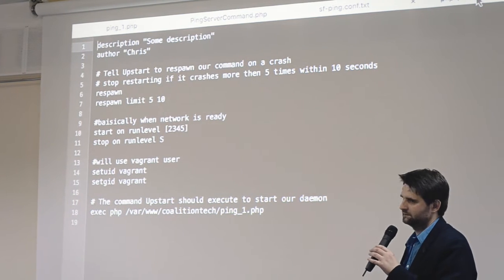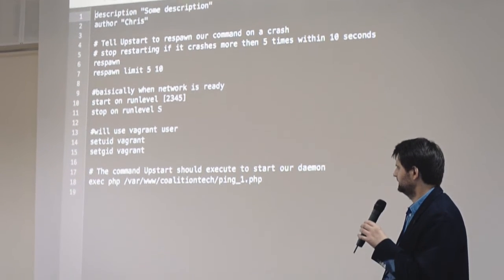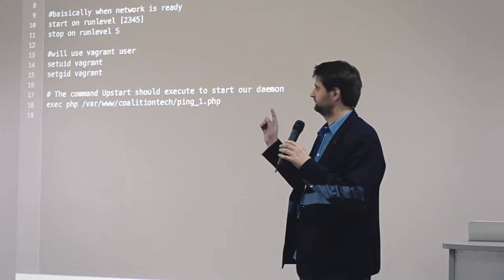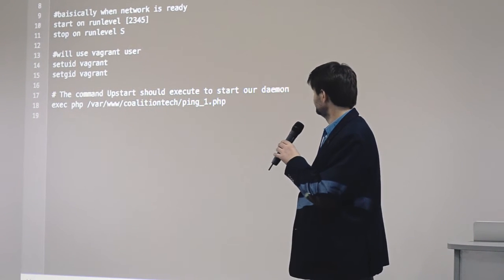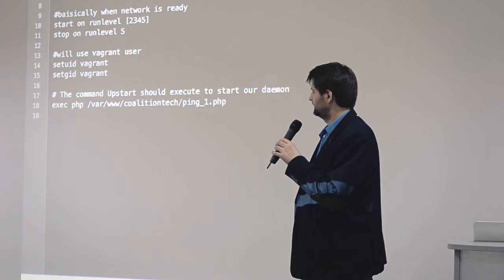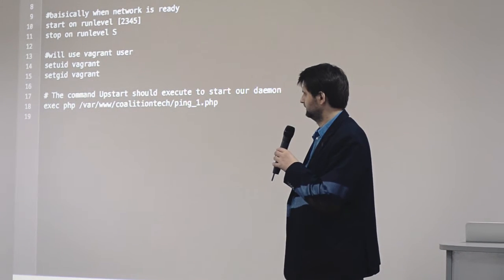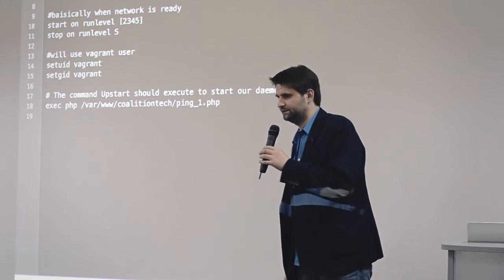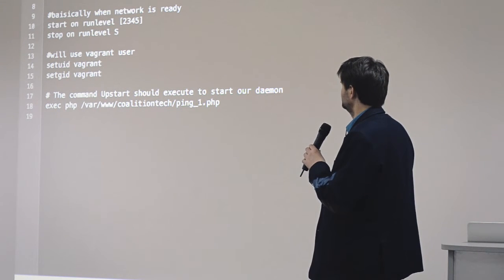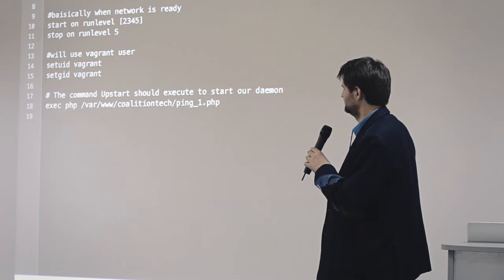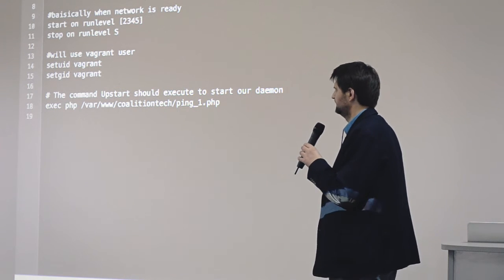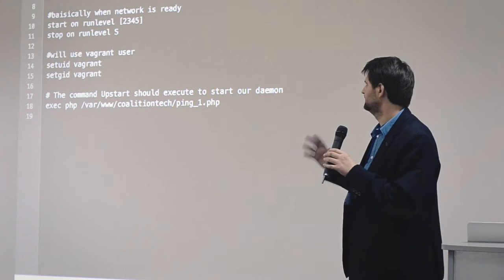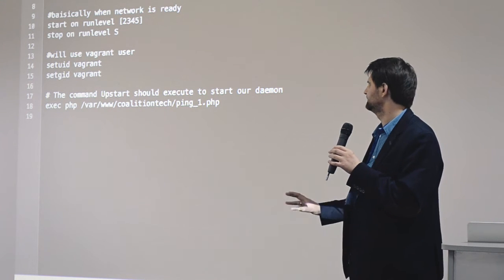And as you can see, I used Vagrant in my demo. So you can enter your user name or user identifier here, as well as group identifier. I have a practice that when I set up some application, I create a user that will be handled by this application.